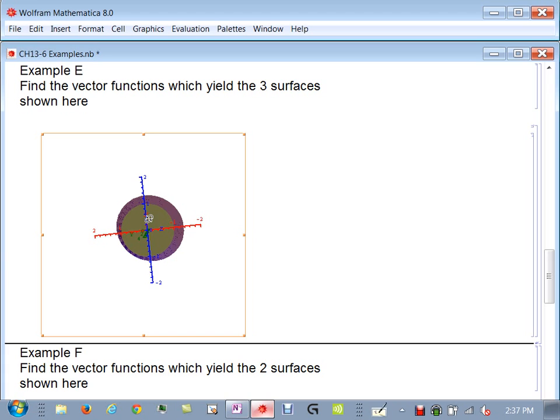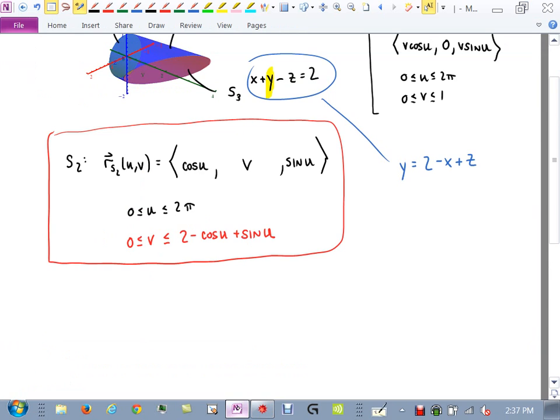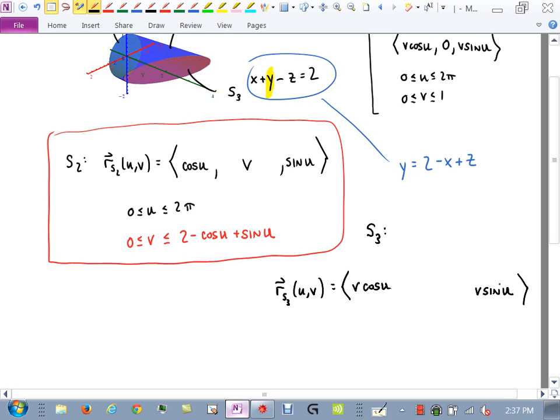So I have really no choice here on S3 than to define which two components are going to be the part that's the circle? The x and the z. So I'm going to define the x to be v cosine u. I'm going to let this one be v sine u.